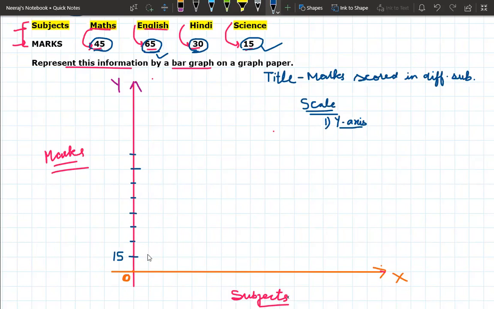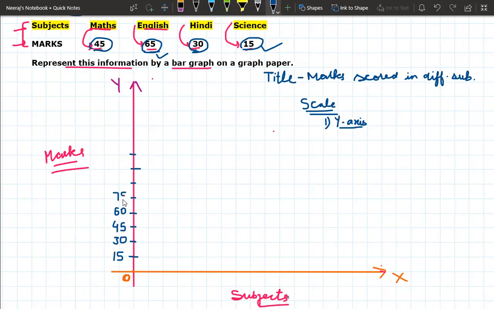So let's see how we will represent, but their difference should be equal. So from 0 to 15 there is a gap of 15, so we have to write the multiples of 15 only. So 15, then 15 plus 15 you get 30, then 30 plus 15 you will get 45, then 45 plus 15 will give you 60, then 60 plus 15 will give you 75.